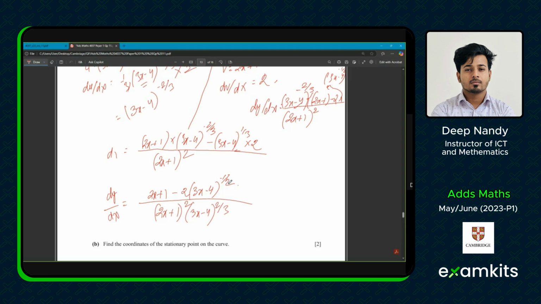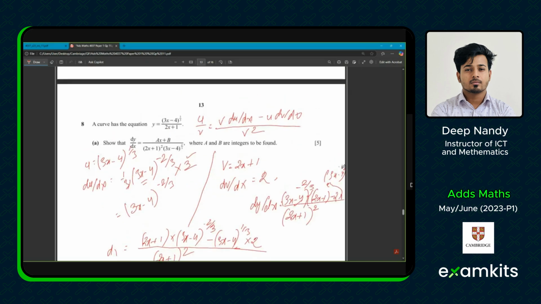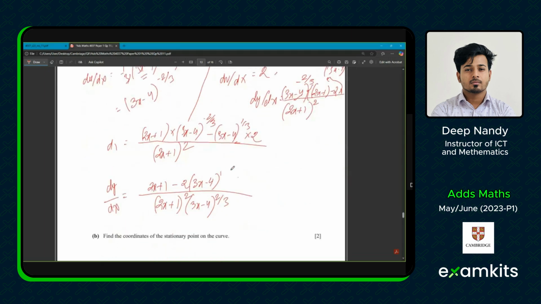It's supposed to be 1 here, not minus half. I just made a mistake here. It's supposed to be 1.